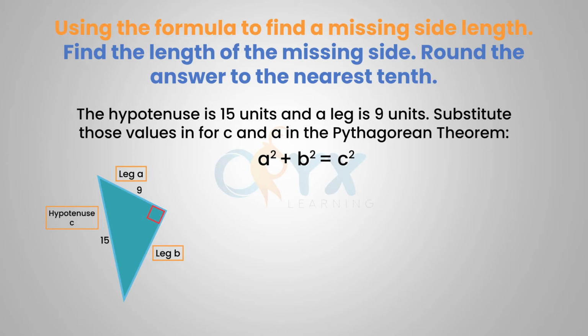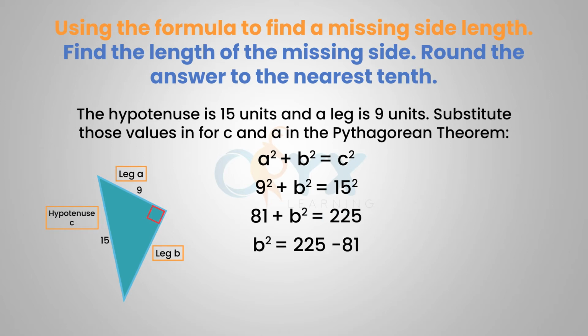Substituting in the values, we get 9 squared plus b squared equals 15 squared. Simplifying, we get 81 plus b squared equals 225. Subtract 81 from both sides of the equation, and we get b squared equals 144. Take the square root of both sides of the equation, and we get b equals 12 units.